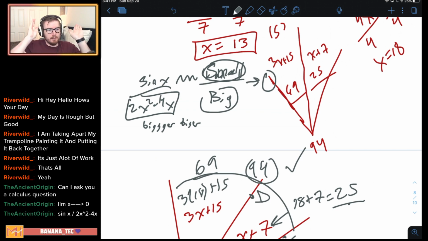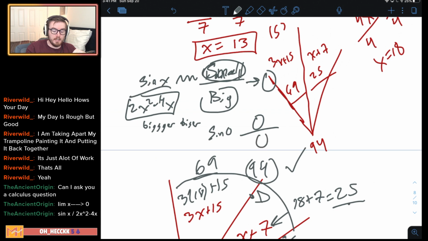All right, you got to think. Oh, as x gets close to 0, my bad. I was thinking infinity. Well, sine of 0 is 0. Oh, but the denominator would be 0 as well. So when we get 0 over 0, you can do L'Hopital's method.